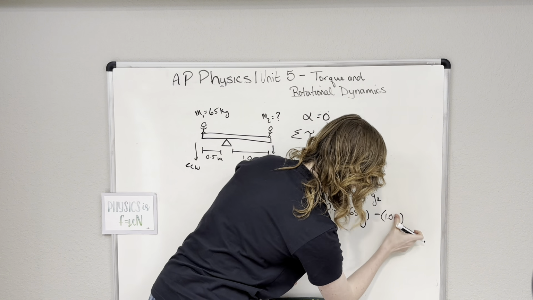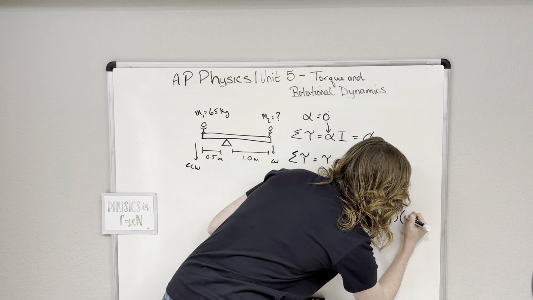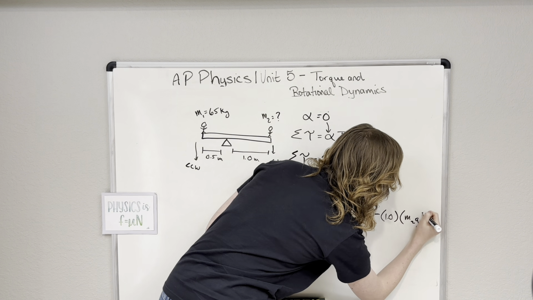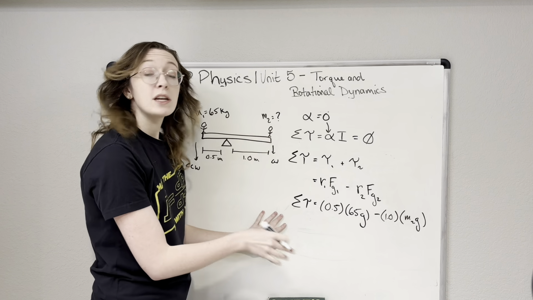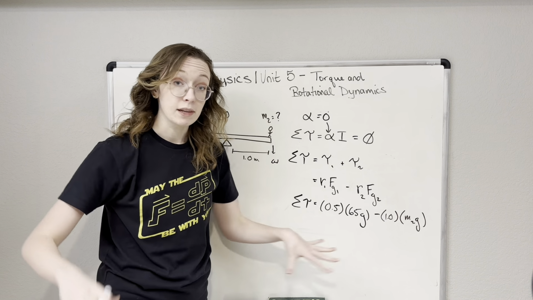I'm going to leave my m out because that will be confusing with my symbols here, which is going to be the mass of child 2 times the acceleration of gravity, which I will also leave as a g. Okay, and now we know that we need all of this to equal 0 because we're trying to find a system that's in rotational equilibrium, right?